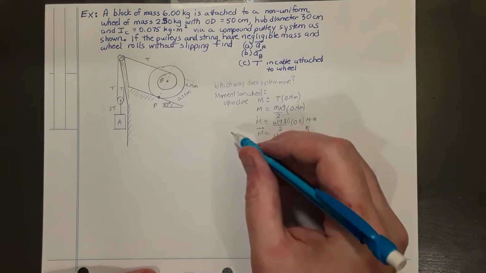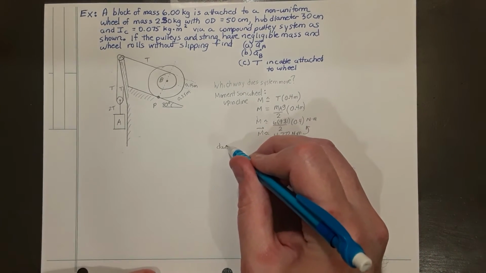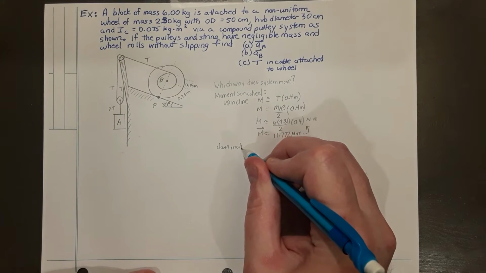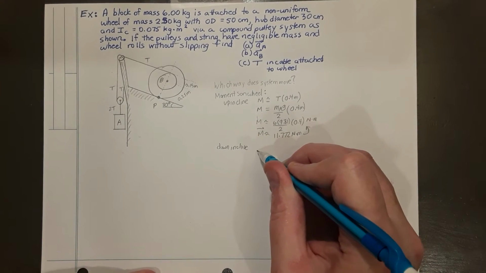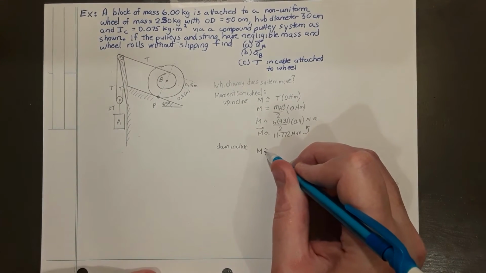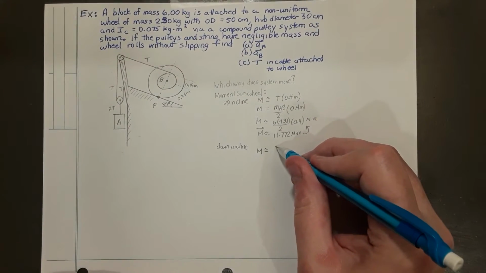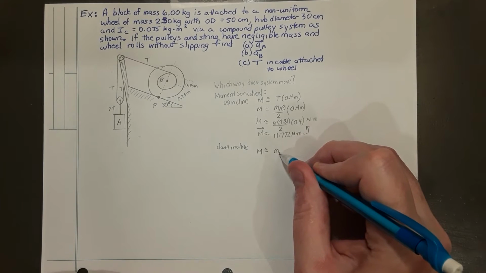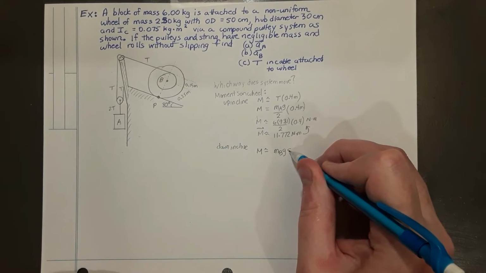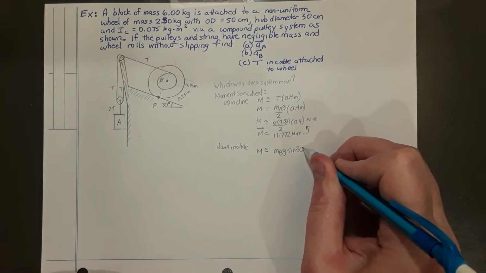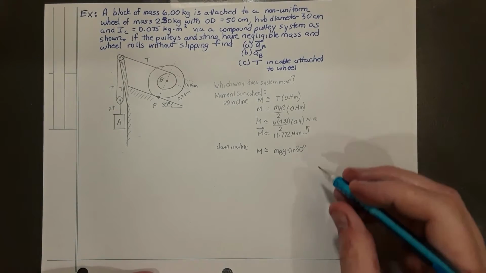If we compare that now with the moments down the incline, the weight of this wheel down the incline is going to be approximately mBg sine 30. The sine component is the component that is parallel to the incline.